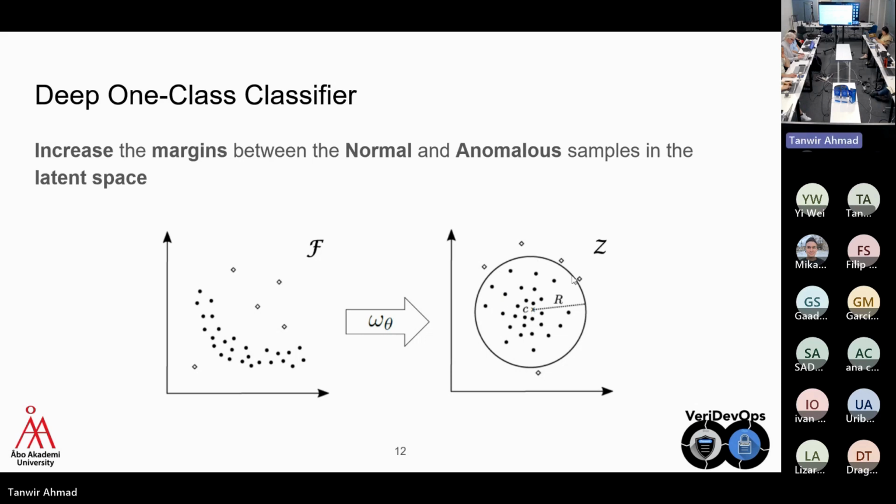This circle, or hypersphere, becomes our boundary, which we use to identify whether a given sample is anomalous or not, based on the radius from the center.